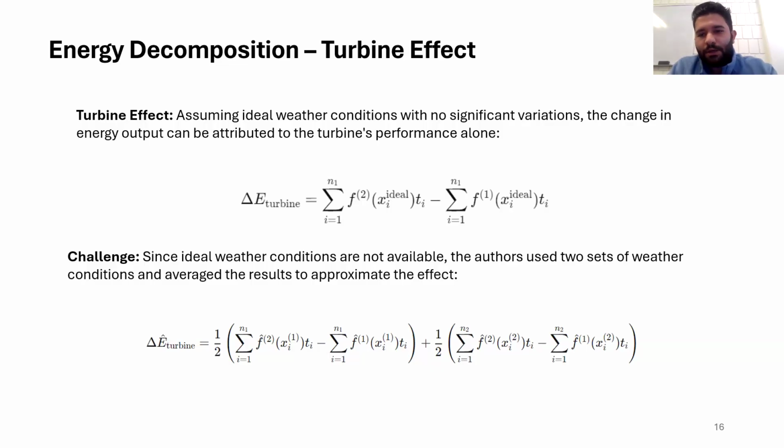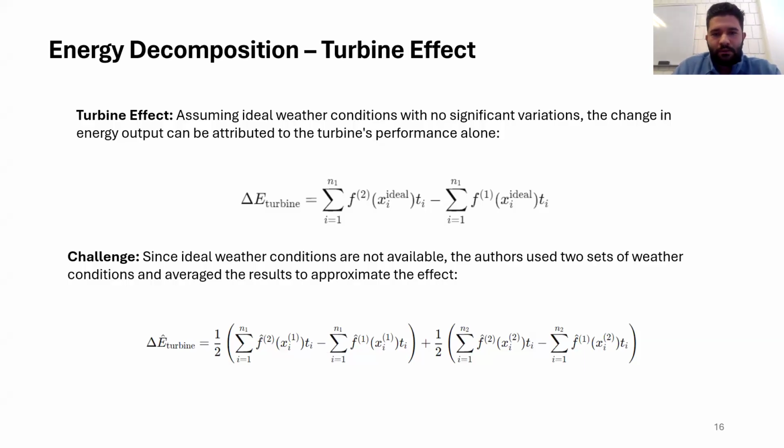But in practice, the weather condition cannot be guaranteed to be free from drastic changes. That's why it does this process on both weather conditions and then takes the average.